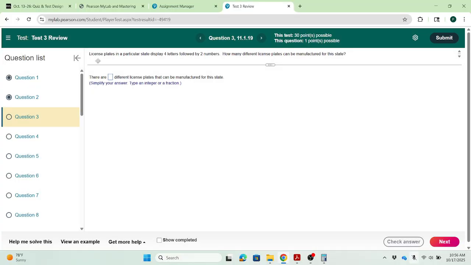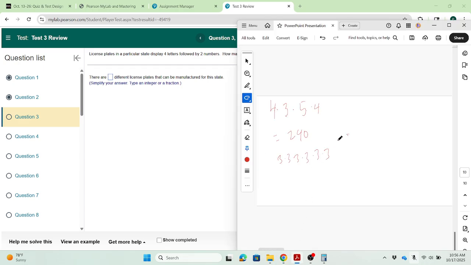License plates in a particular state display 4 letters followed by 2 numbers. How many different license plates can be manufactured? Each letter can be chosen from 26 letters of the alphabet, so 26 times 26 times 26 times 26. For the 2 numbers, you can choose any digit from 0 to 9, which is 10 options each.